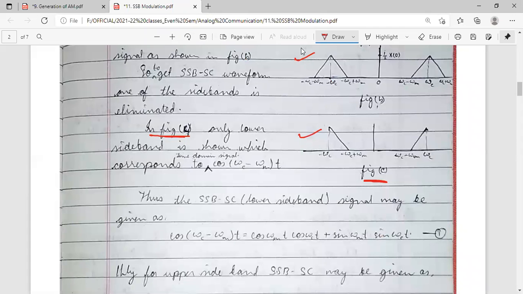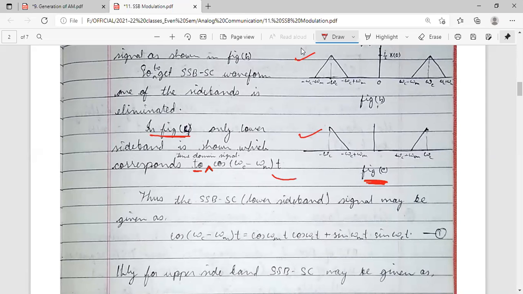Okay. So in figure C, you can see very easily that only the lower sideband is shown, which corresponds to the time domain signal written above. The time domain signal is cos(ωc − ωm)t, and this is its frequency domain representation.